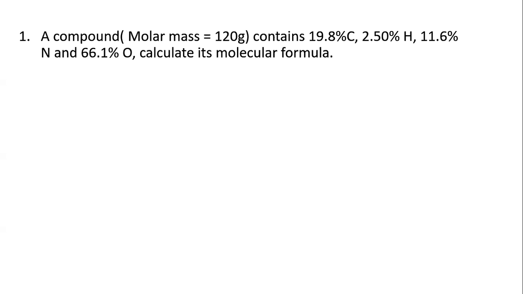It also discusses how, if we have the moles, to calculate the number of entities, which is through Avogadro's number, like the number of atoms or molecules or formula units in a given number of moles. And then it delves into calculating the empirical and molecular formulas from empirical data.